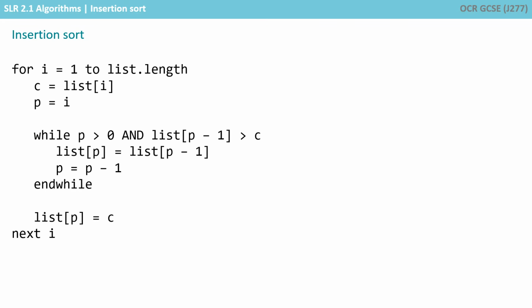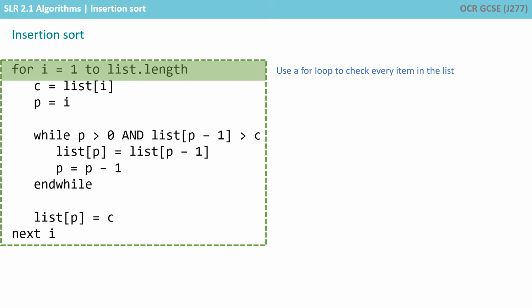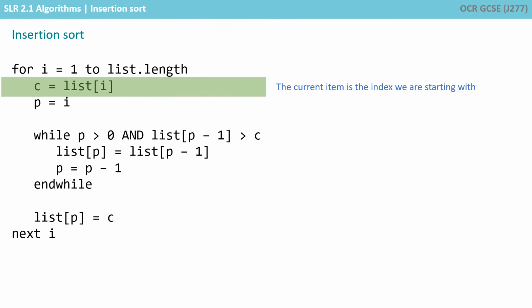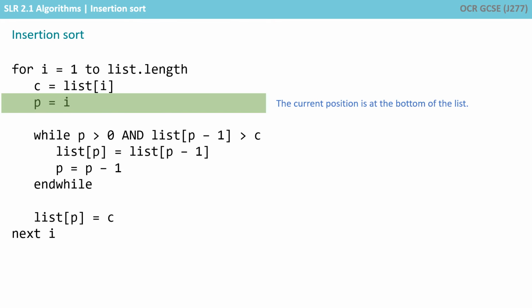Now, the algorithm might seem a bit complex due to the way we had to explain it in the example, but it's deceptively simple when we have a look at the actual code. So we use a for loop to check every item in the list. The current item is the index we're starting with, and the current position is the bottom of the list.